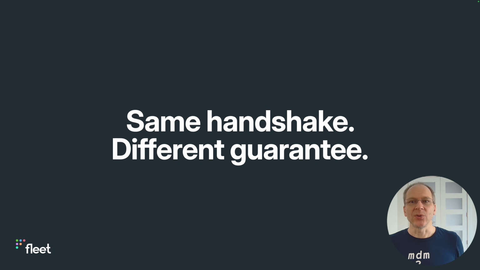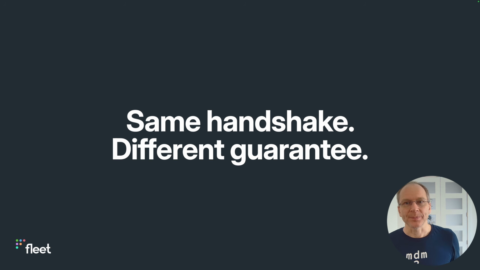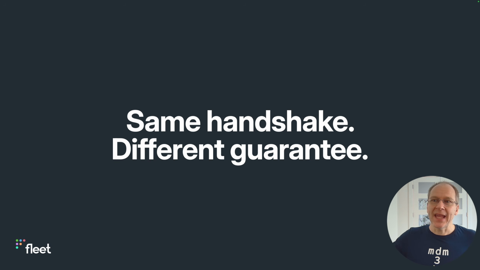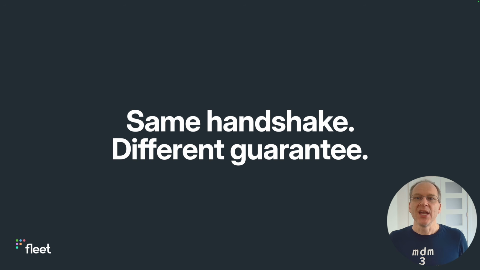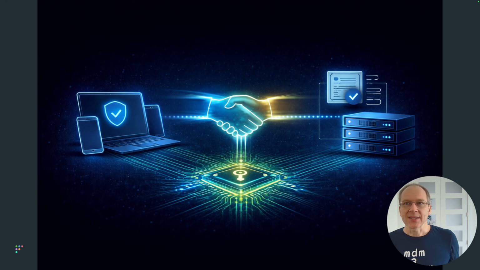mTLS becomes meaningful when the certificate's private key is non-exportable and device-bound. Now, when our agent connects over mTLS, the handshake is no longer just math, it's proof that this specific device is present and active. With hardware-backed certificates, the TLS handshake now carries a device identity anchored in silicon.